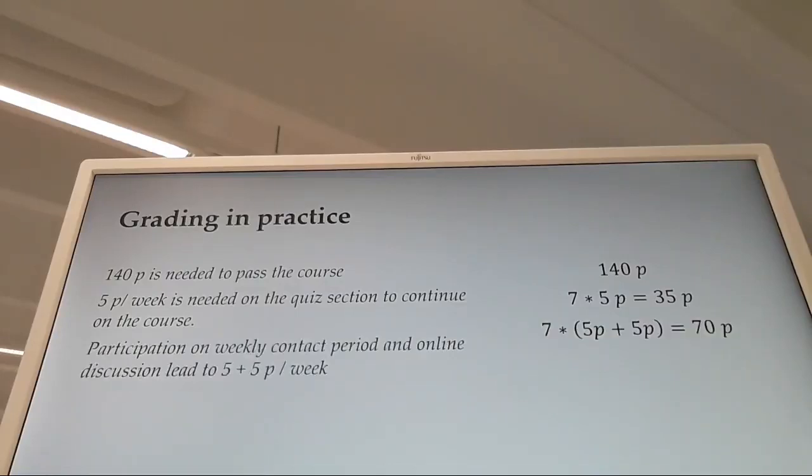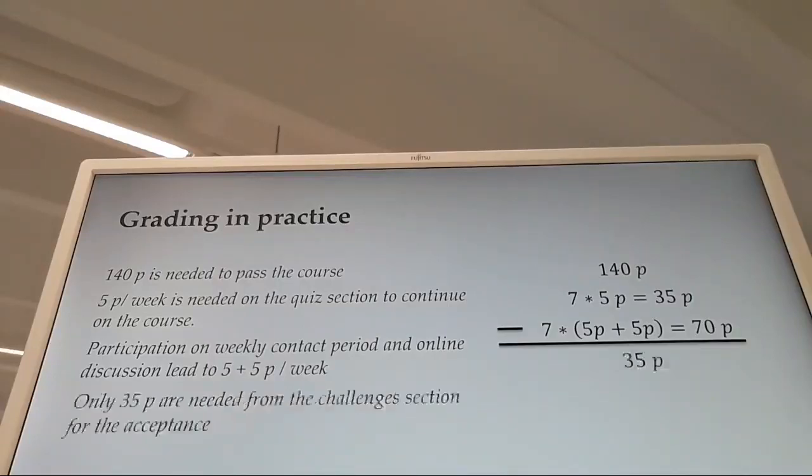When you are participating in the contact period, there are additional points every week. So that means you only need 35 points in these challenges to get the acceptance.